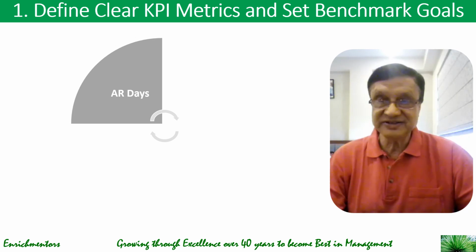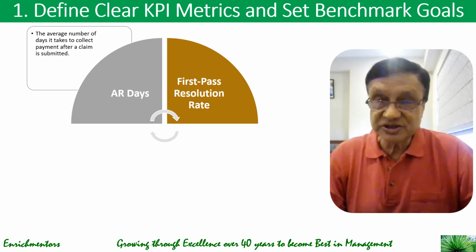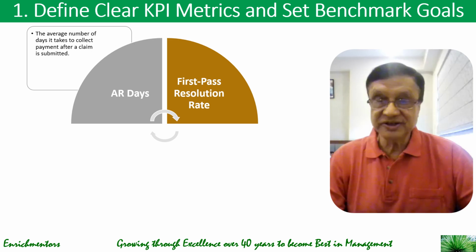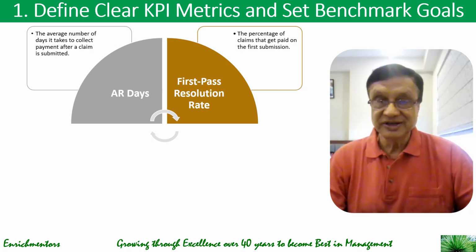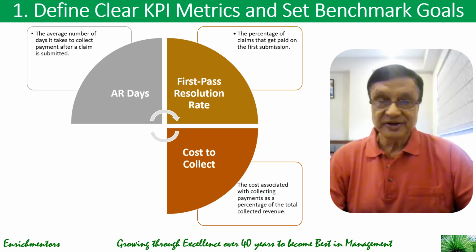Like for AR days, it is the average number of days it takes to collect payment after the claim is submitted. Second would be first pass resolution rate, for sake of confirmation. This means the percentage of claims that get paid on the first submission. Cost to collect is the cost associated with collecting payments as a percentage of the total collected revenue, right?